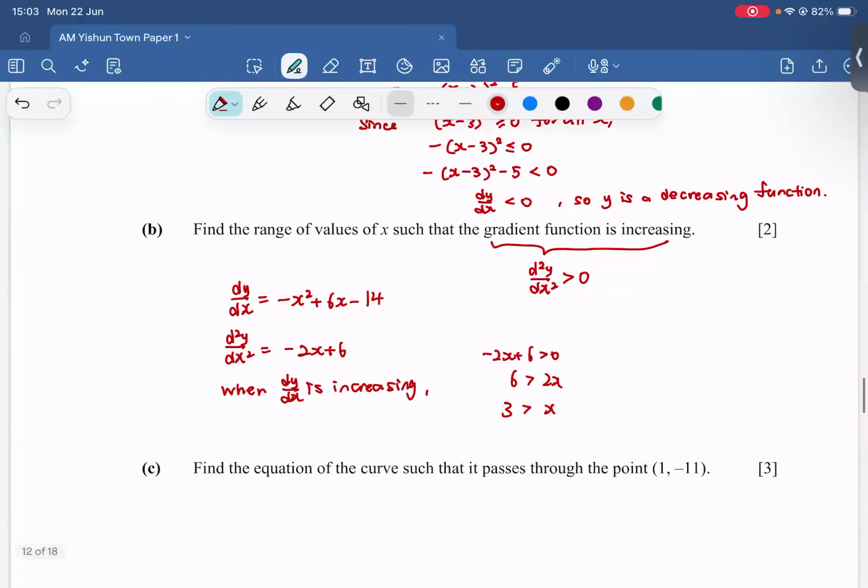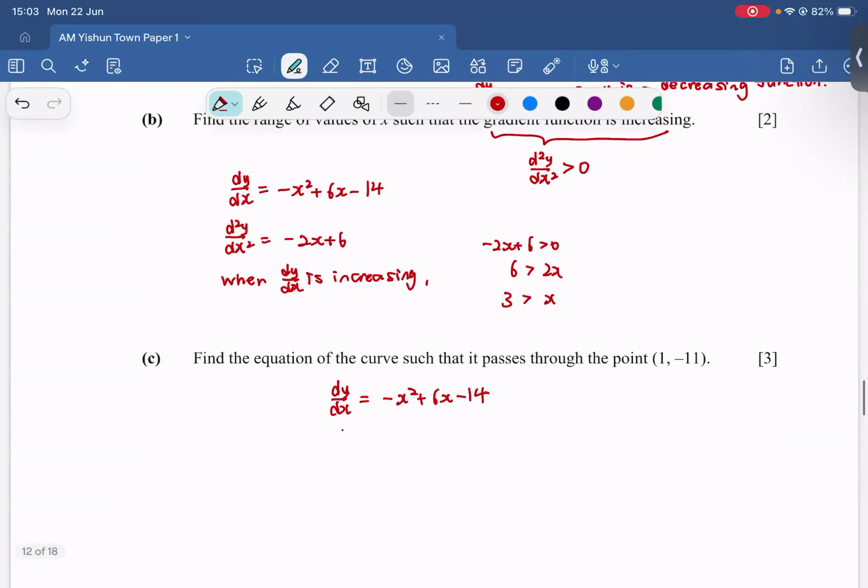Okay, find the equation of the curve that passes through this point. So when we want to find the equation of the curve, y equals to something. So to get y equals to something, we have to integrate. Remember, we need to have a plus c.